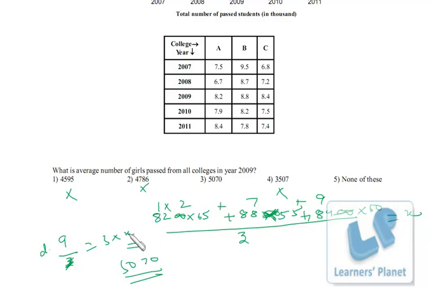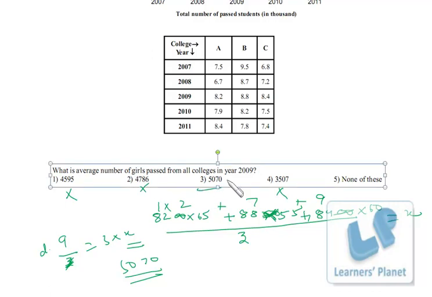So x is our answer. Our answer should definitely be a multiple of 3. Then only will these two make a multiple of 9 as we are getting over here, right? So this is how you can solve the question. This is how you can eliminate the options. Otherwise, it will be a time consuming process. Okay. So 5070 is the correct answer.